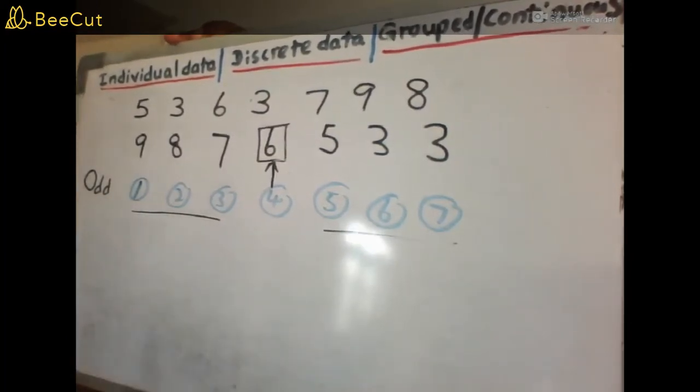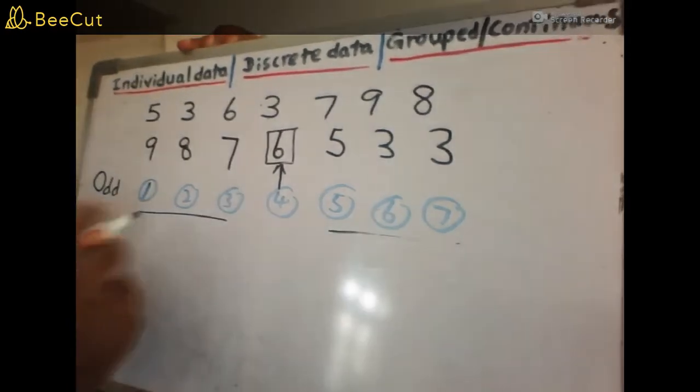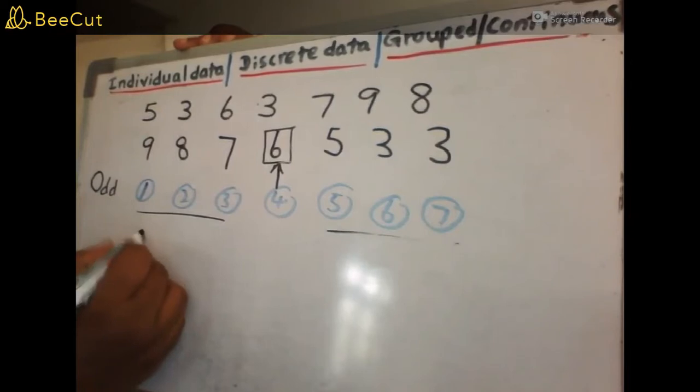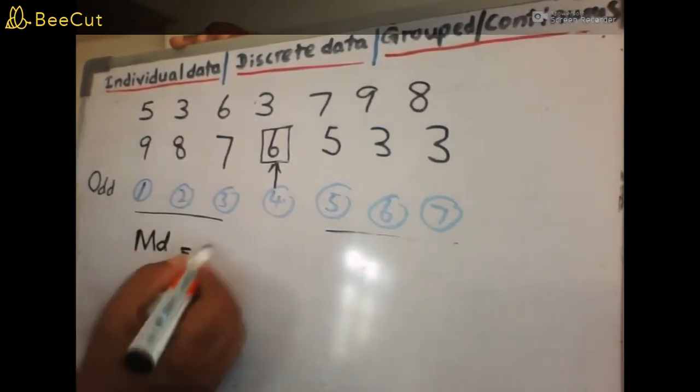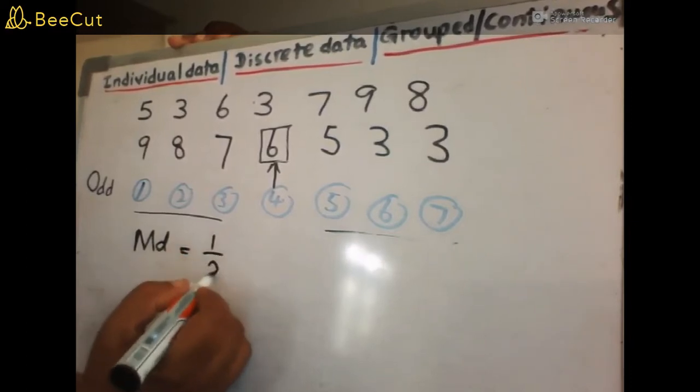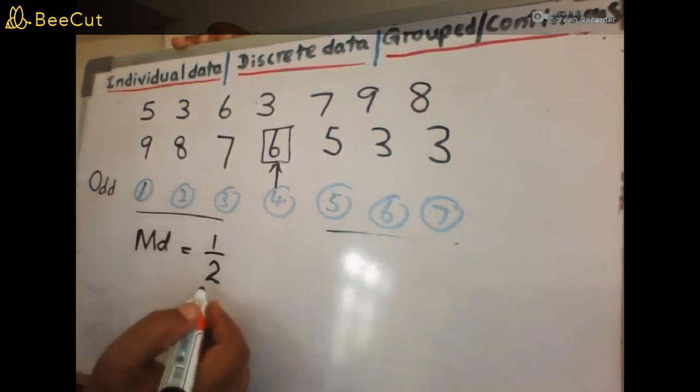You can use a formula, right? The formula for the median is MD, that's the median, equals half. Why half? We are dividing the series into 2, right?